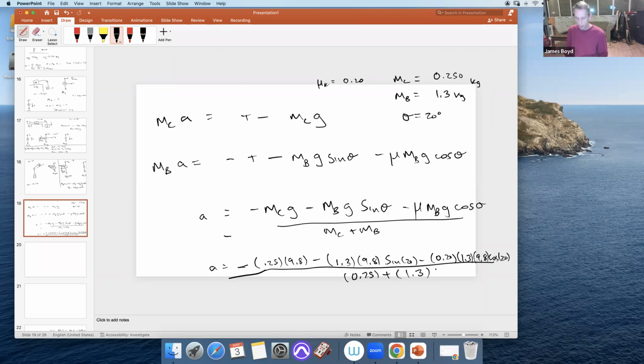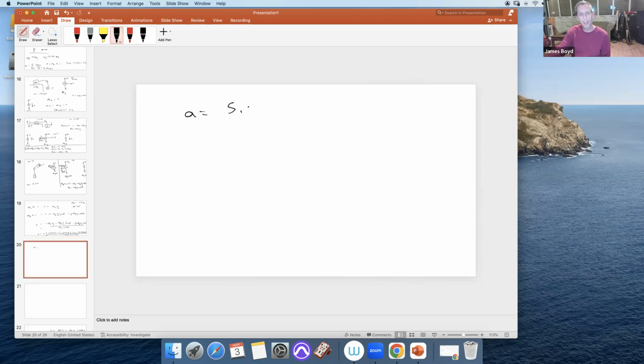So my acceleration is 0.25 times 9.8 plus 1.3 times 9.8 sine of 20 plus 0.20 times 1.3 times 9.8 times cosine of 20, and then divide that whole thing by 1.55. And my acceleration is 5.937. a is 5.937 down the incline.